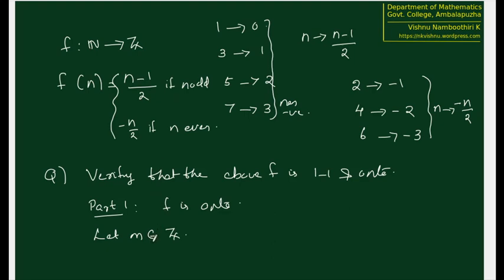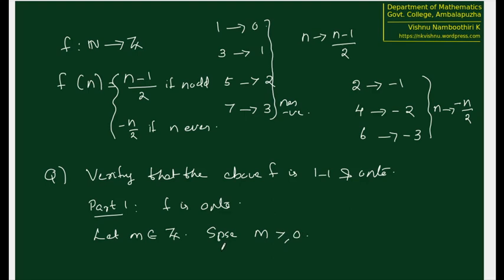If the m we have taken is non-negative, probably we have to look for an n in such a way that f of n is equal to n minus 1 by 2 equal to m. So we have to divide this part into again two cases. The first case is if m is non-negative, second case is if m is negative. So suppose m is greater than or equal to 0.